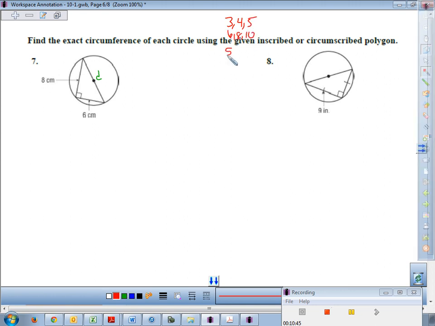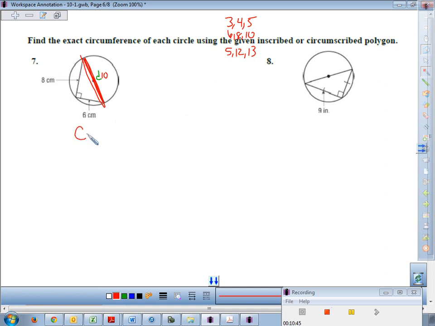And the other one is a 5, 12, 13. If any of these right triangles show up, we know that will hold true, like 3 squared plus 4 squared equals 5 squared, where the largest number is the hypotenuse. So if the hypotenuse is missing, like it is in this case, this is 6, this is 8, we know that it's got to be 10. And that is also the diameter of the circle right there. So that's very handy.